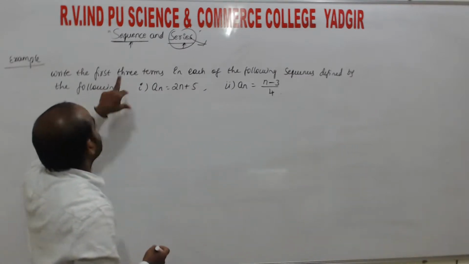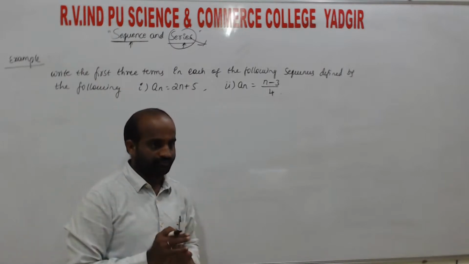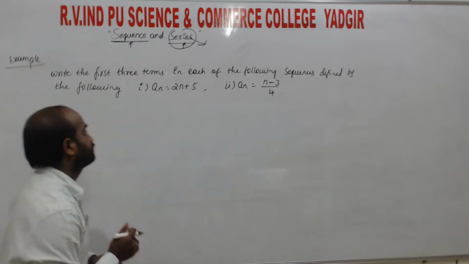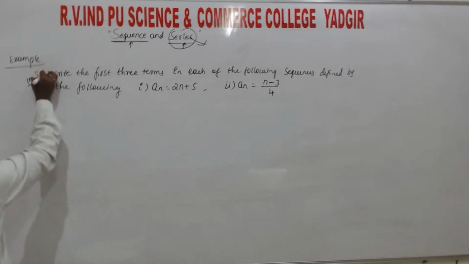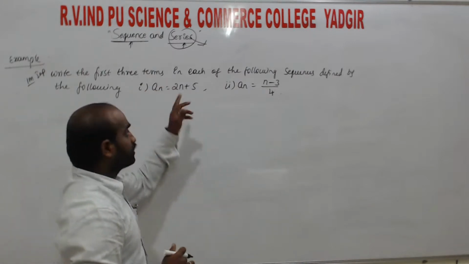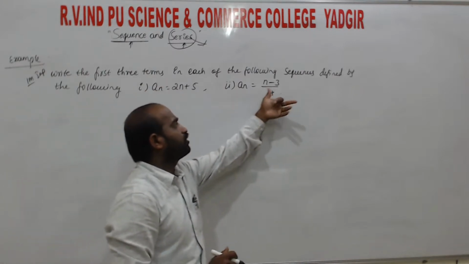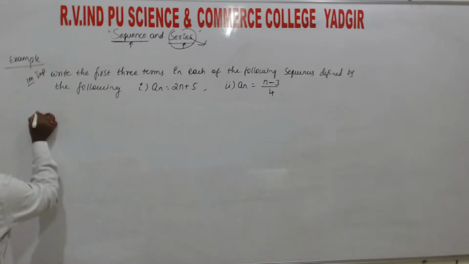Now what are the first 3 terms? n equal to 1, 2, 3 only. First 3 terms, 1 mark, important. Anyone, n is given: a_n equal to 2n plus 5 or a_n equal to (n minus 3) divided by 4. In 1 mark questions, this is important.